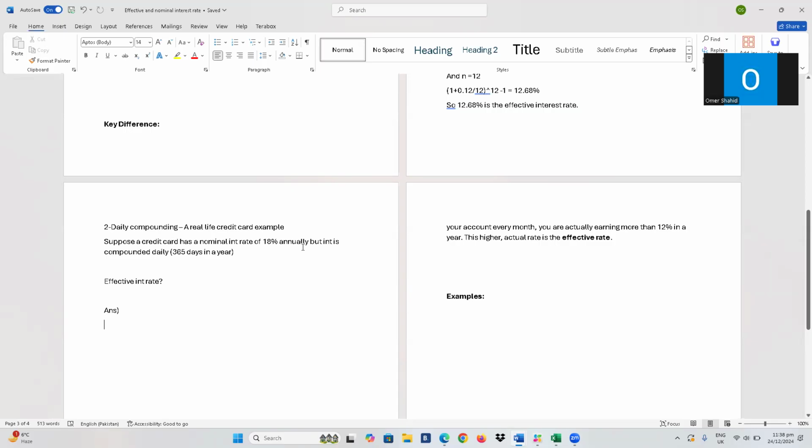They are telling us that 18% is our annual rate, but interest is compounded daily. So what do we need to do? How do we calculate the effective interest rate?